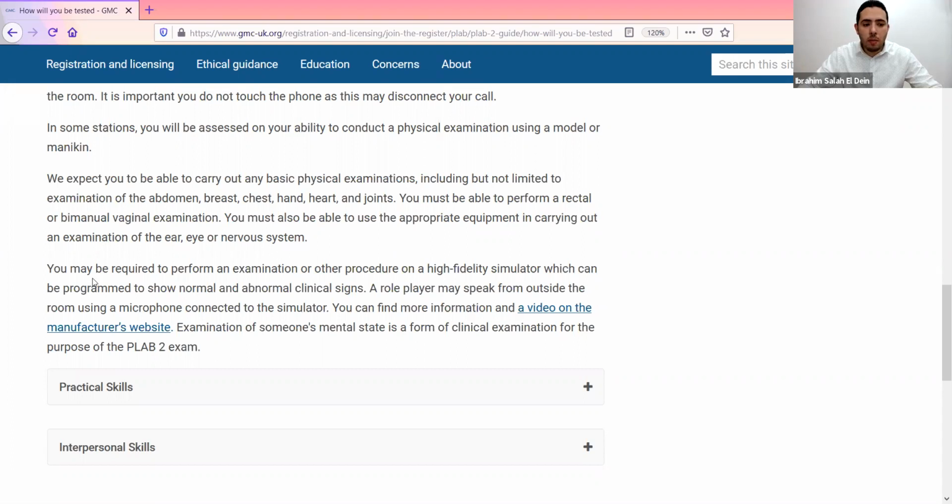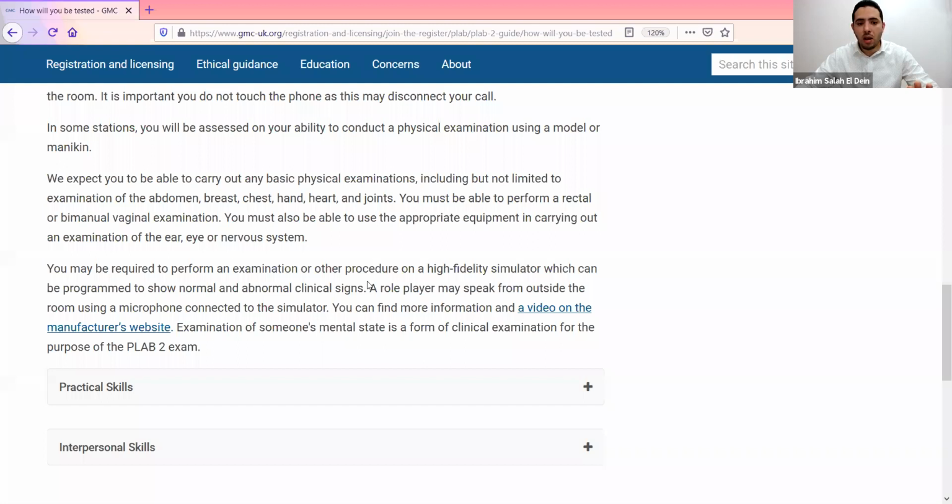You may be required to perform an examination or other procedure on a high fidelity simulator, which can be programmed to show normal and abnormal clinical signs, like the Simman station. In every exam, you have the Simman station.